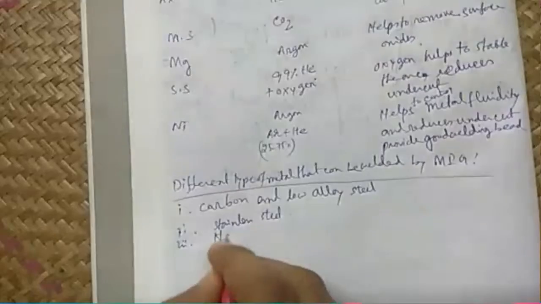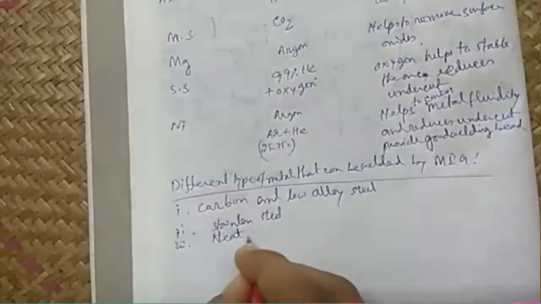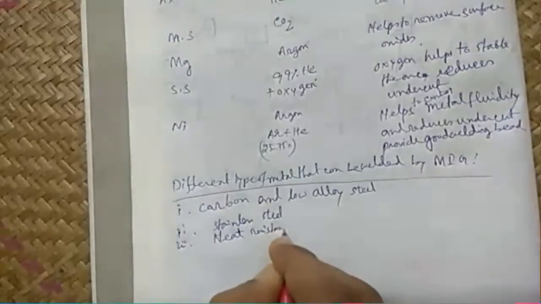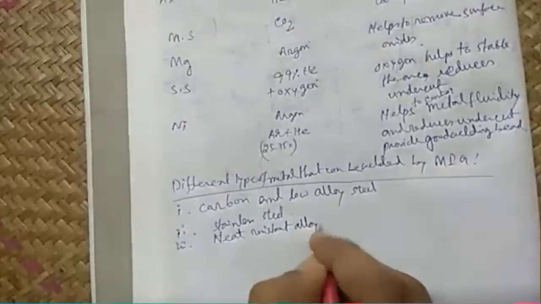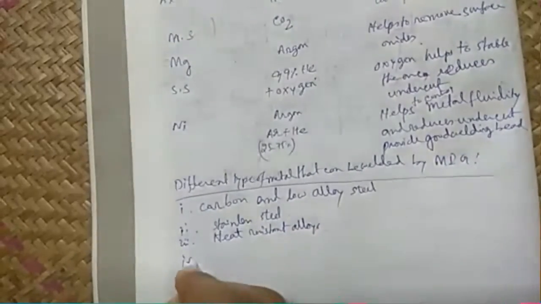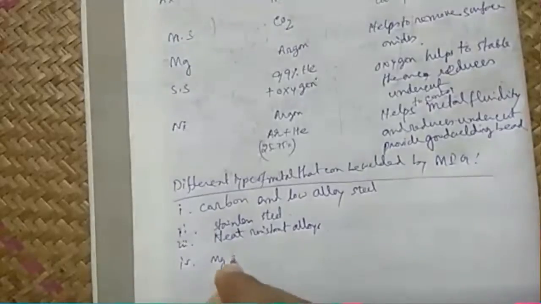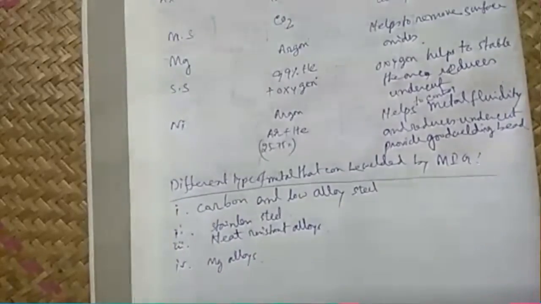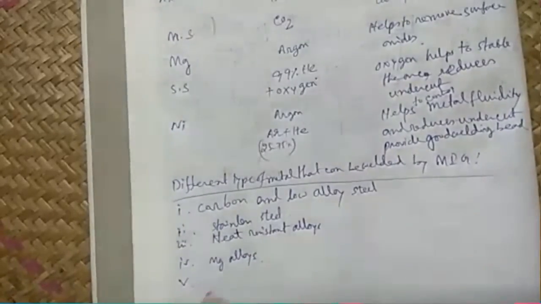Number three, heat resistant alloys like titanium, number four, magnesium alloys, number five, copper alloys.